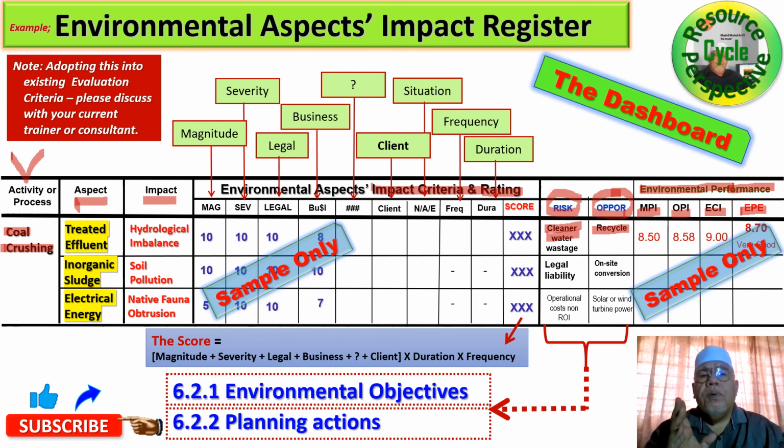This is what we present in management review. This is what we present during external audit or even internal corporate audit to show them where we are. And please remember, this dashboard is dynamic. We have got to review our environmental aspects maybe twice a year or four times a year, up to you, to look into the performance.